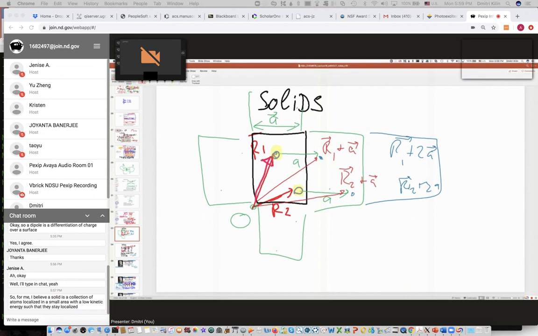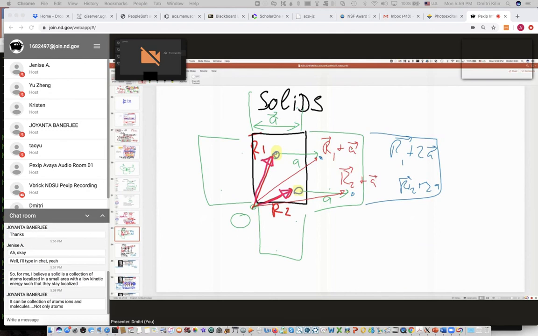If it is a true solid periodic crystal, then we can make a copy paste of this black box. Oh, I see a comment from Joyanta: a collection of atoms, ions, and molecules, not only atoms. Yes, yes. So let me continue. If I copy paste this, I literally do it.